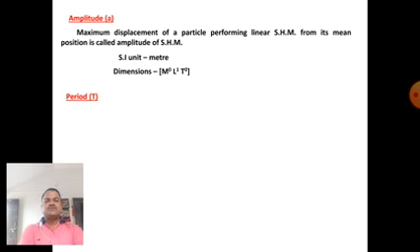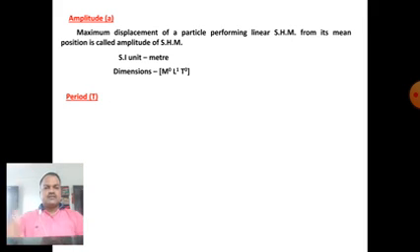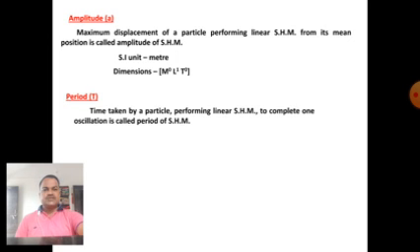In this chapter we have to see the definition of period in linear SHM. The time taken by the particle performing linear SHM to complete one oscillation is called the period. So it is nothing but the measurement of time in one oscillation. Therefore the SI unit is second and the CGS unit is also second. The time taken by the particle performing linear SHM to complete one oscillation is called the period of SHM.